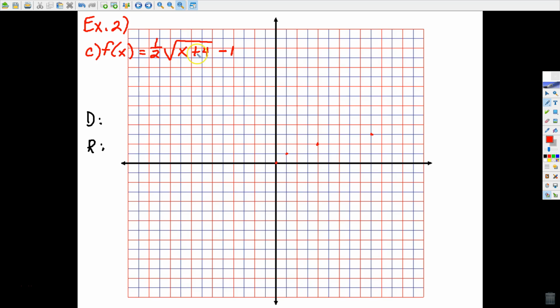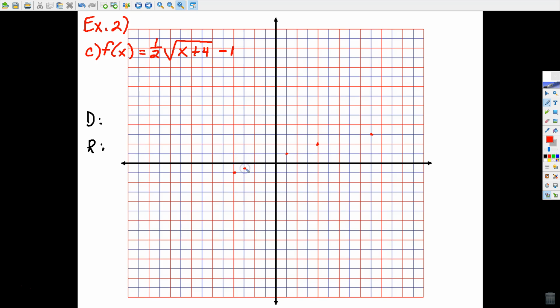The +4 means to go left. Left 4, and then down 1. So my origin point has become this. Okay, here I am at 1, 1, but when I multiply by 1/2, it makes 1, 1/2. And then you do the shift. Left 4, down 1.